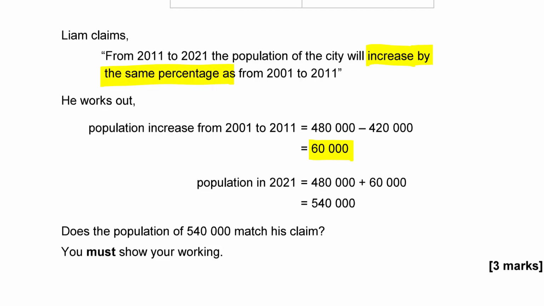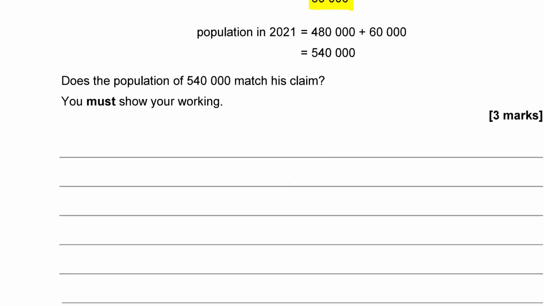But that is not the same percentage. 60,000 as a percentage of the population in 2001, 60,000 over 420, is not the same percentage as 60,000 over 480. Okay, so we need to put that down somehow. So does the population of 540 match his claim?